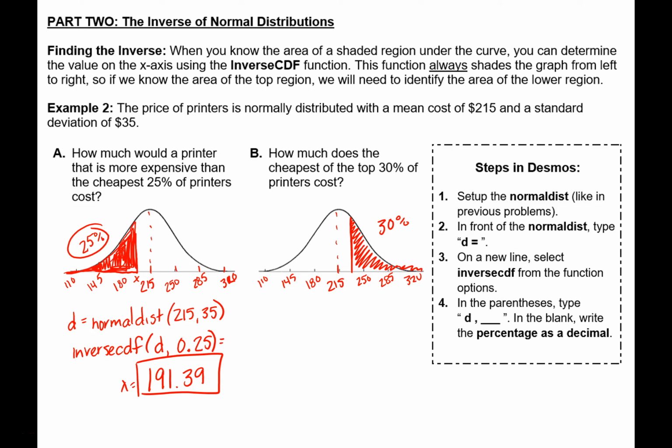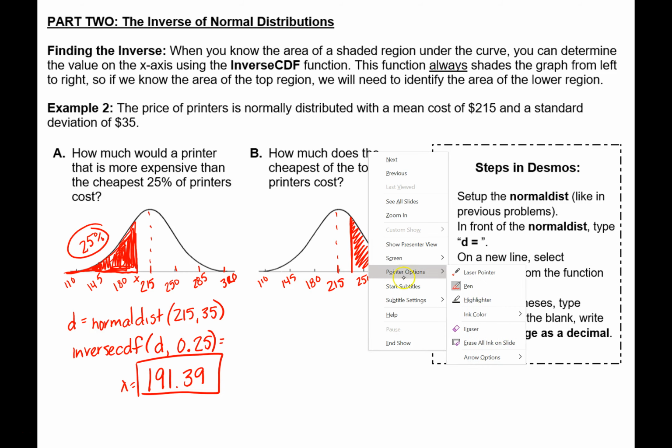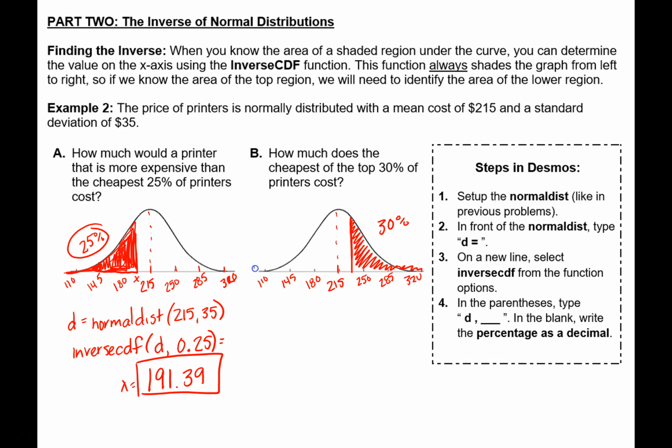Now, because the inverse CDF always starts on the left, I am not going to use a 0.3 for my percentage there. I'm going to look at what is the other part of the graph up to that line for that x value I'm trying to find?